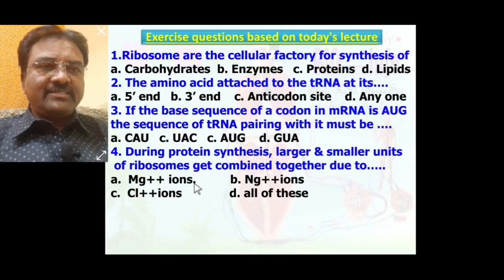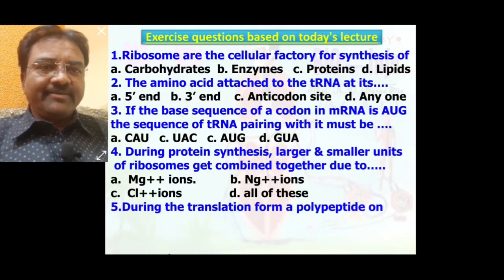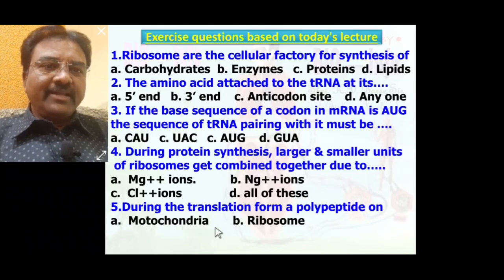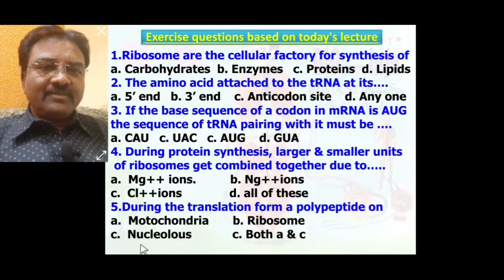MCQ 5: during translation a polypeptide forms on mitochondria, ribosome, nucleolus, or both A and C? The correct answer is B, ribosome.